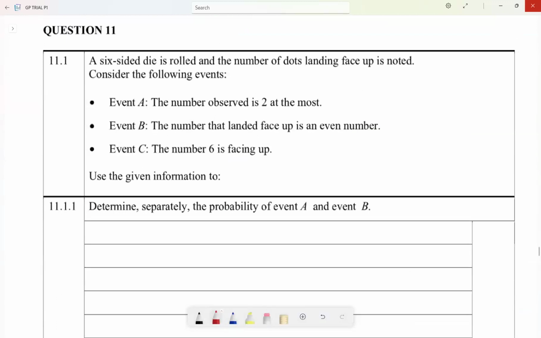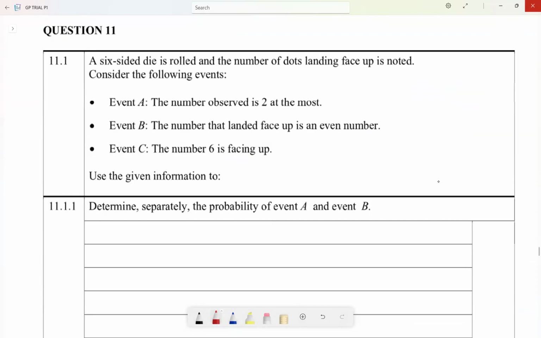A six-sided die is rolled, and the number of dots landing face up is noted. Remember, a die has numbers on all six sides. Consider the following events.